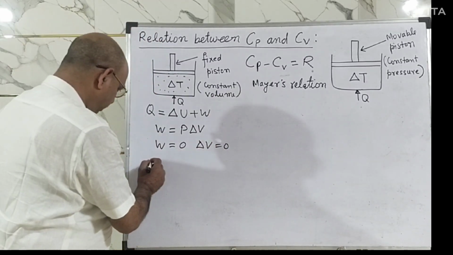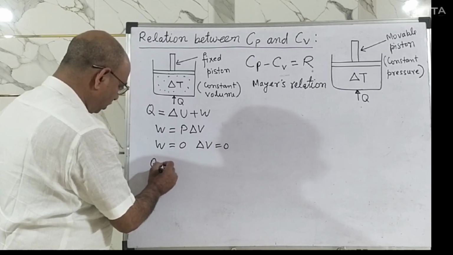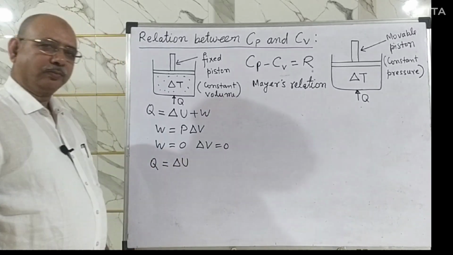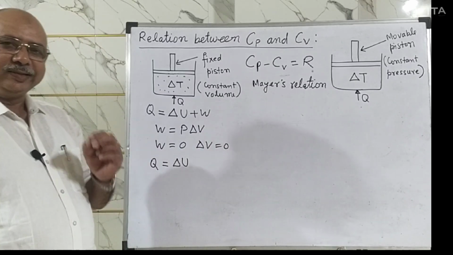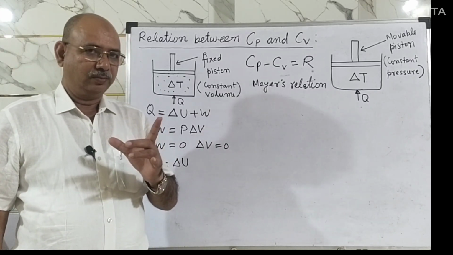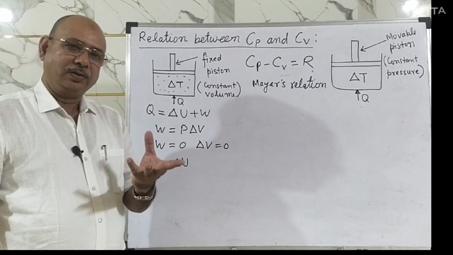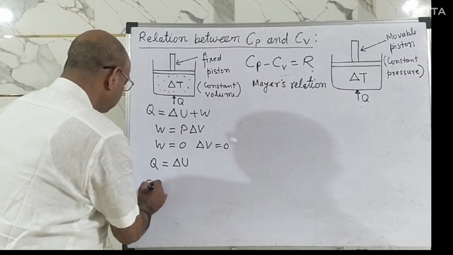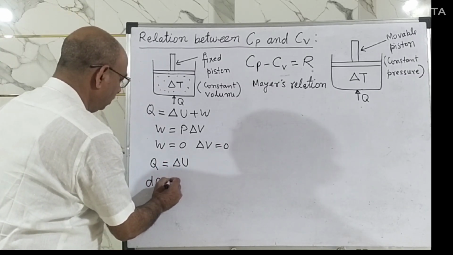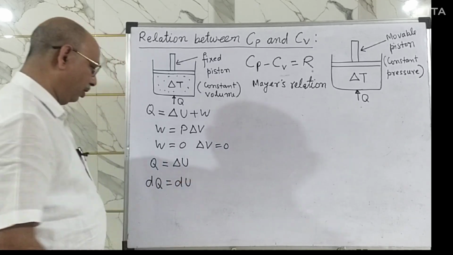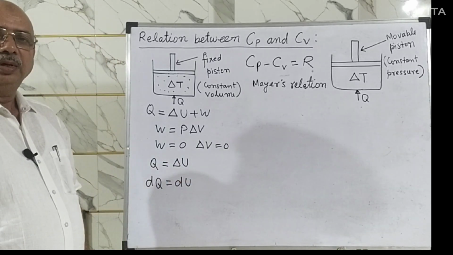Now we can write this expression Q is equal to delta U. Delta U is the change in internal energy. If we take the incremental heat dQ, then the change in internal energy will be dU.